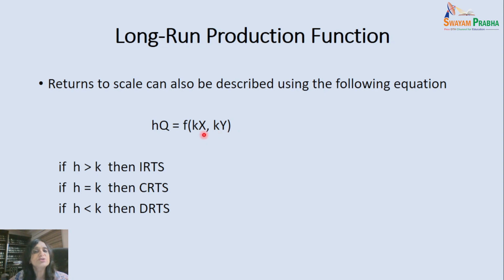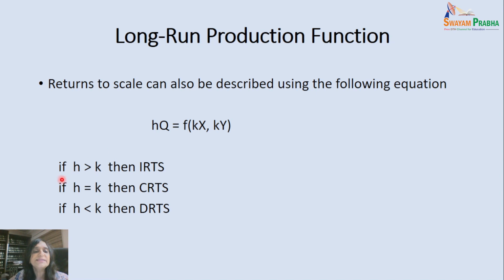So the new production function becomes f of kx, ky. Now because there is a change in the inputs x and y by k, we are seeing the change in quantity or the output by amount of h. So with a change in inputs by k amount, output changes by h amount.